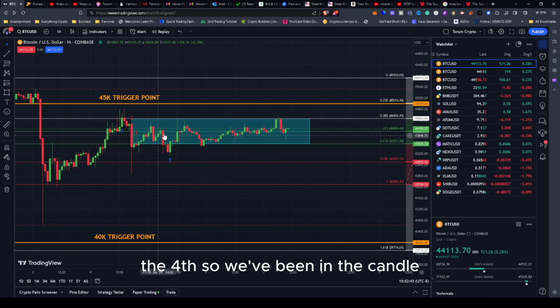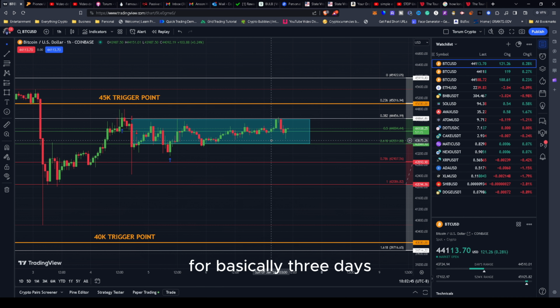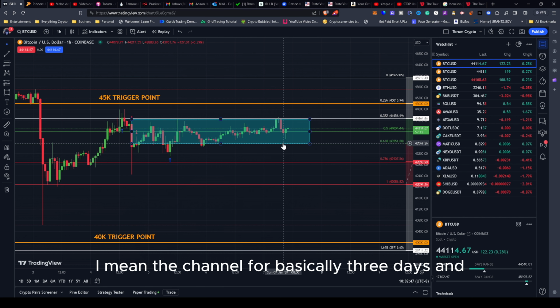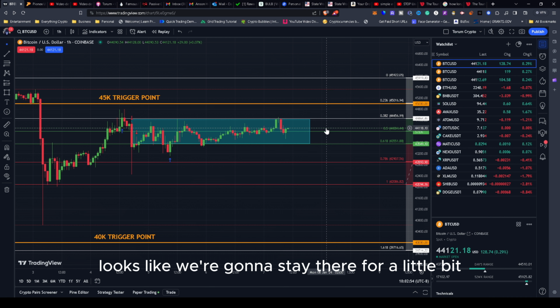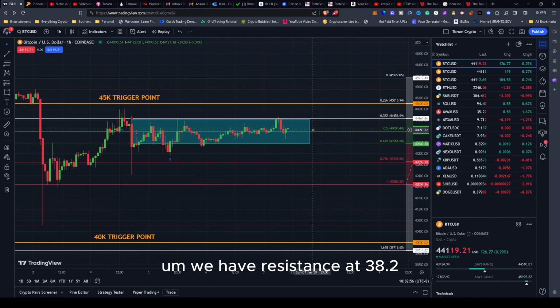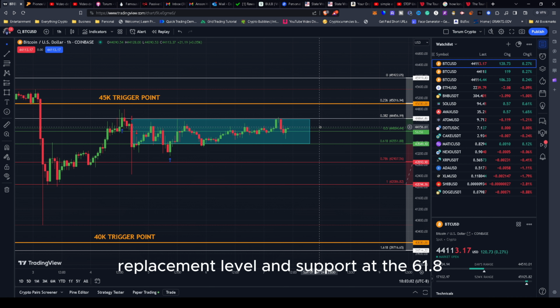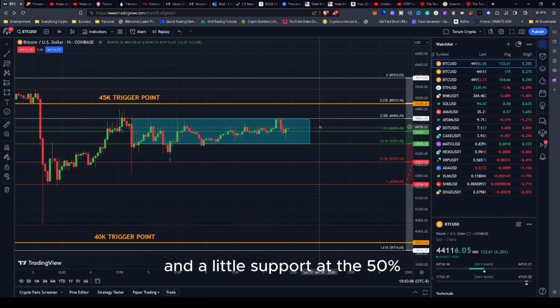The 4th. So we've been in the channel for basically 3 days, and it looks like we're going to stay there for a little bit. We have resistance at the 38.2 retracement level and support at the 61.8, and a little support at the 50% that we're seeing right now.